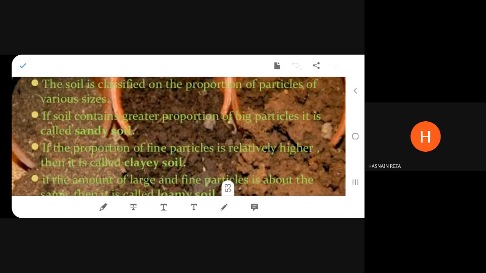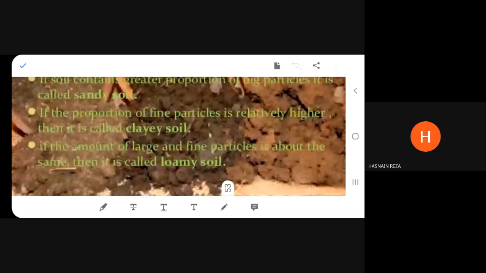If the proportion of the fine particles is relatively higher, then it is called clayey soil. If the amount of the large and fine particles is about the same, then it's called loamy soil.